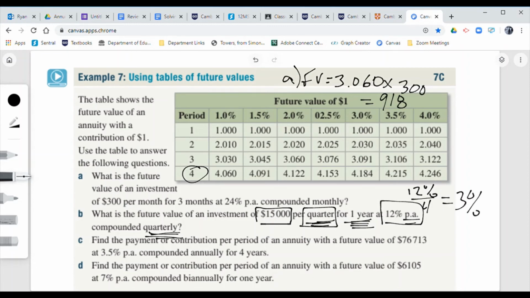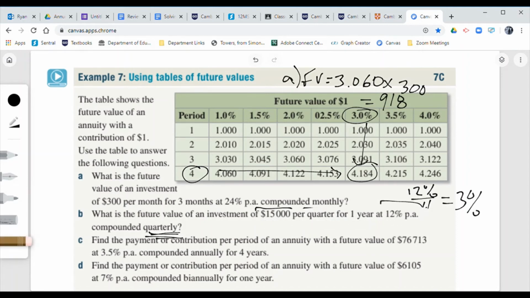So there's our percent. There's our intersection value. We can now take our intersection value and multiply by 15,000. So our future value for B, I'm going to make myself a little bit of room by erasing down at the bottom.